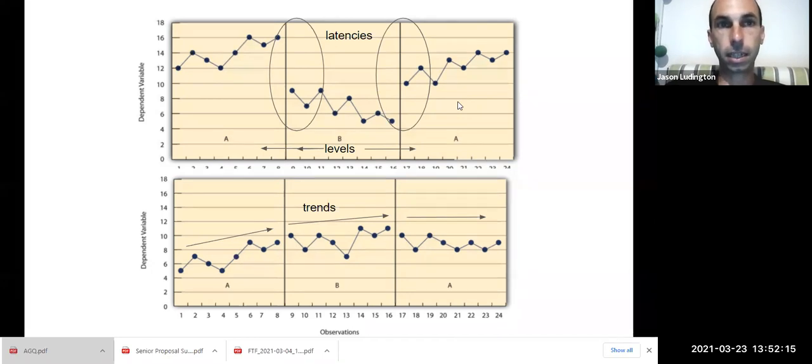In this illustration, we have very fast latency because the drop in the dependent variable, the measurement drop from panel A to panel B, is immediate. It's a very fast, immediate drop. If it's an immediate drop, that's called a very short latency or very immediate latency, fast latency, quick latency.